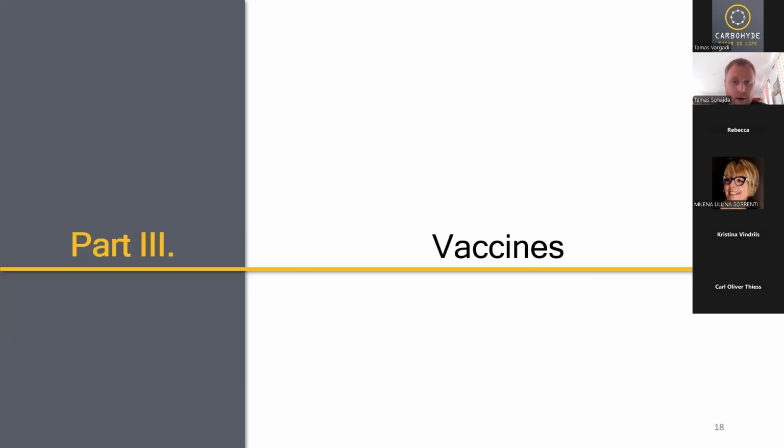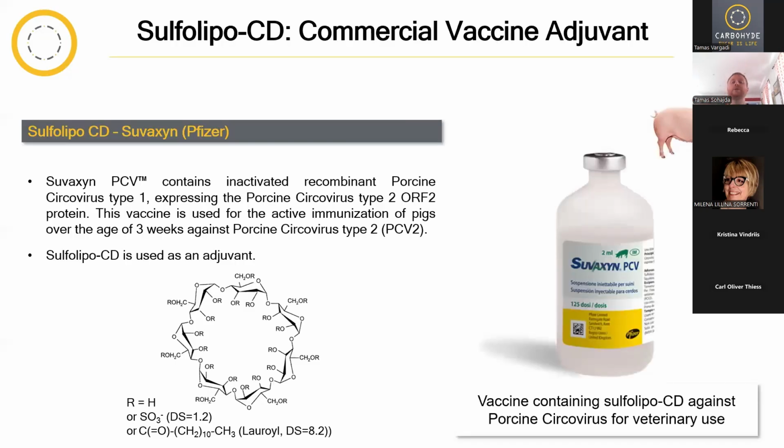So let's see what there is in vaccines. In vaccines, there are many more commercial formulations using cyclodextrins, surprisingly or not surprisingly. Let's start with some historical introduction, because the use of cyclodextrins in vaccines has a surprisingly long history, almost as long as their use with small molecules.